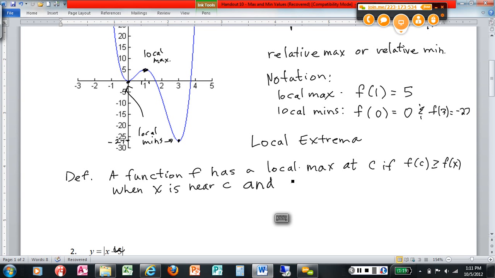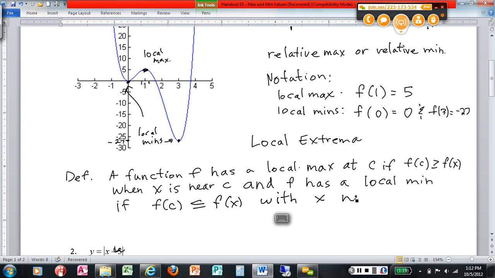And f has a local min if f of C is less than or equal to f of x with x near C. It's just reverse, right?